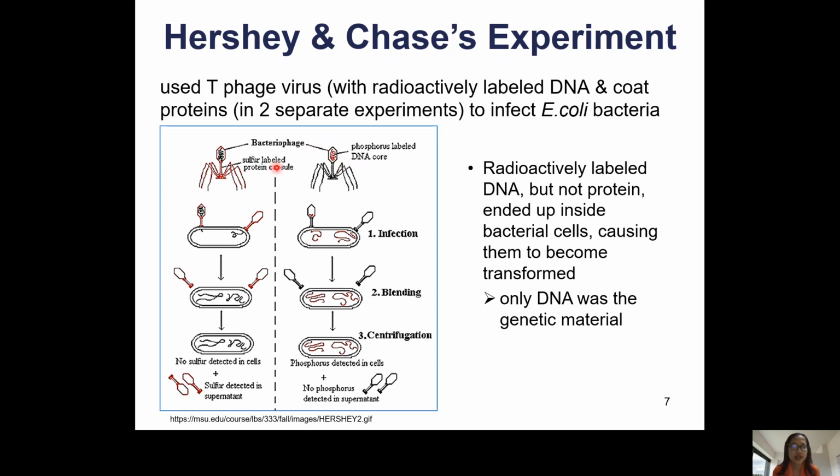And now they allow the virus to infect the E. coli in both treatment groups. After that, the virus will inject the genetic material, the DNA, into the E. coli cells to form new virus structures. Then there is blending, and after that they centrifuge.